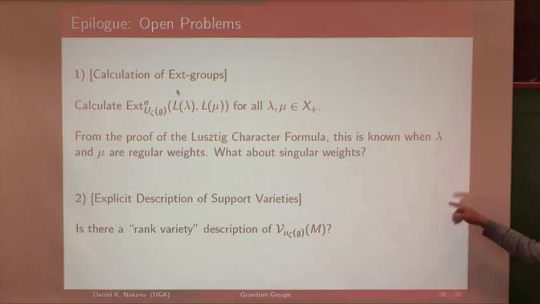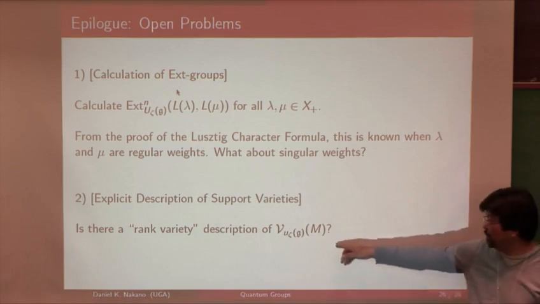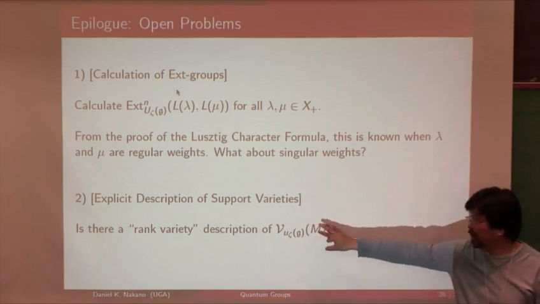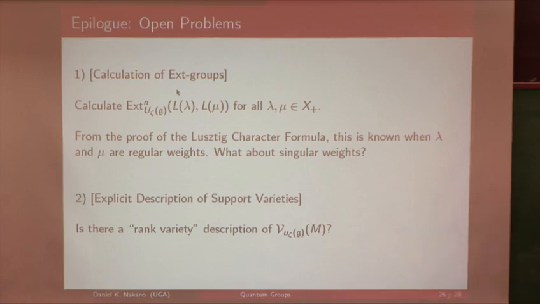Okay, another problem that arises in the area is that for Lie algebras, we have an explicit description of these varieties in terms of certain subvarieties of the nilpotent cone. So if you take a quantum group module, how do you actually describe the support variety?